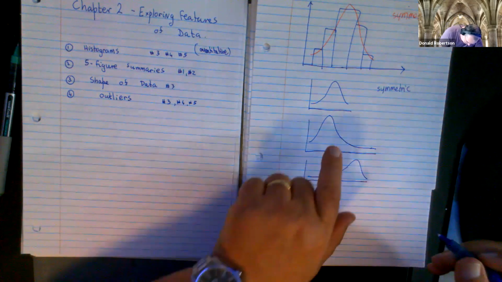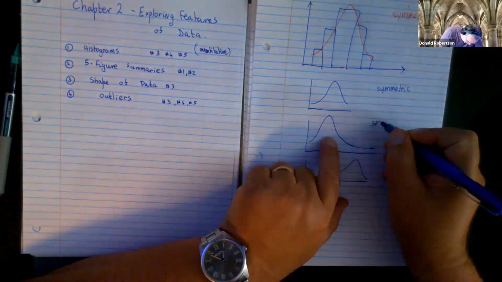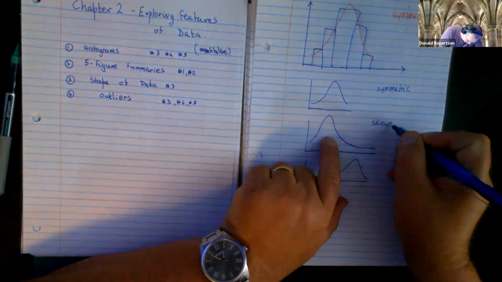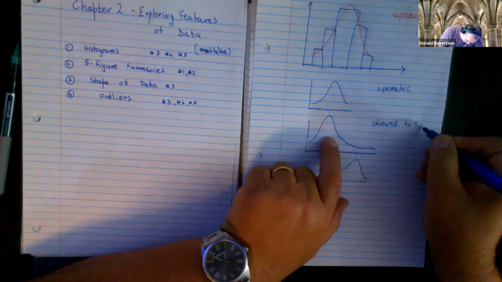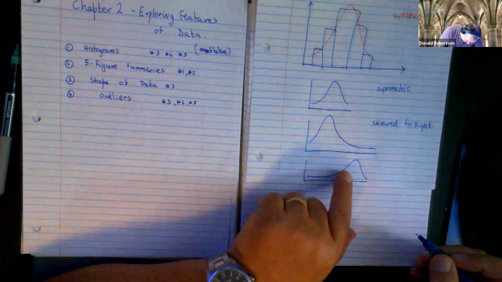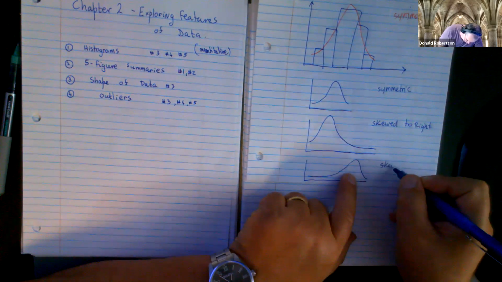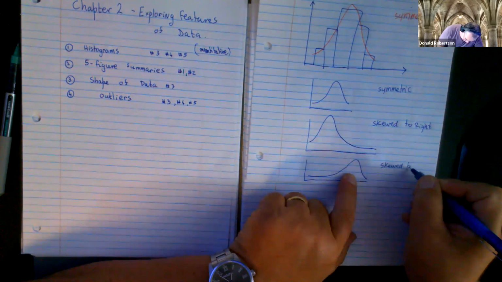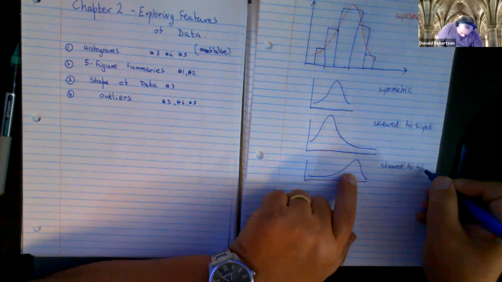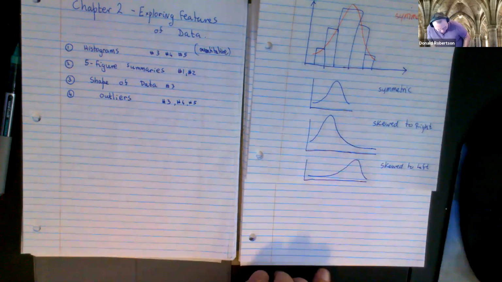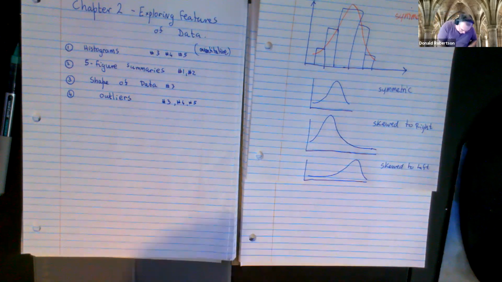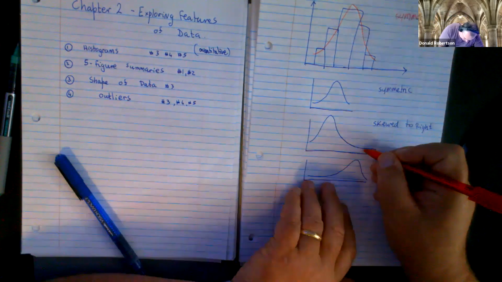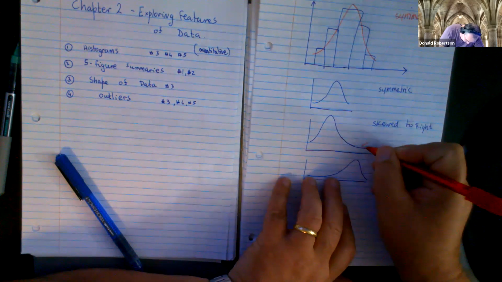This fella is called skewed to the right. And this fella is called skewed to the left. And you might say, that's a funny name. I probably would have called it the other name. But this piece of the shape, this bit that's tailing off, is actually called the tail.